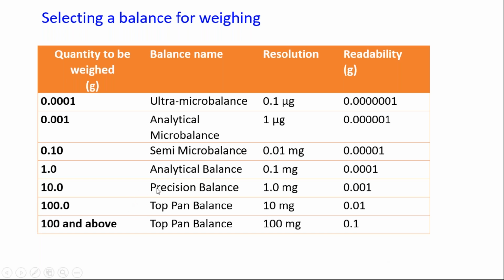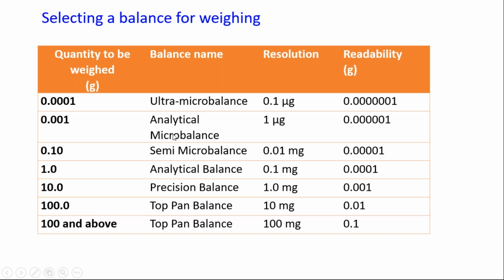Then you have the precision balance, which is in between the analytical and the top pan balance. Then you have a semi-micro balance, which could be between the analytical micro balance and analytical balance. And then you have the ultra micro balance.